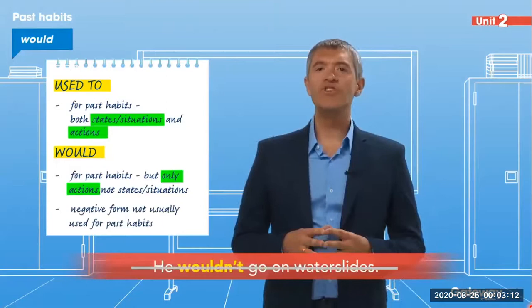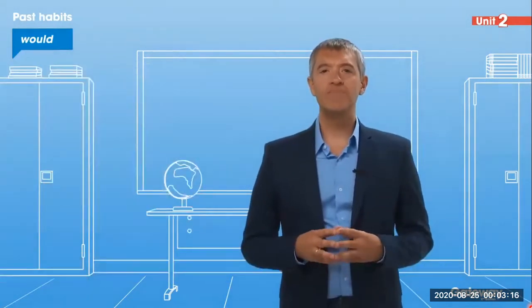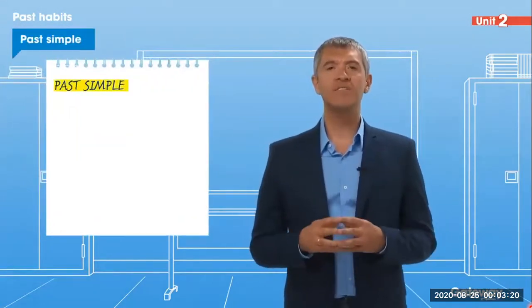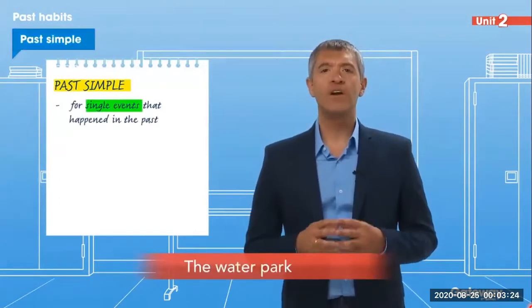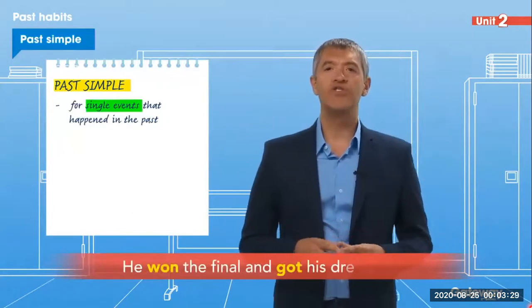Some of our original sentences were in the past simple. That's because they described single events in the past, things that happened just once. The water park closed. He won the final and got his dream job.